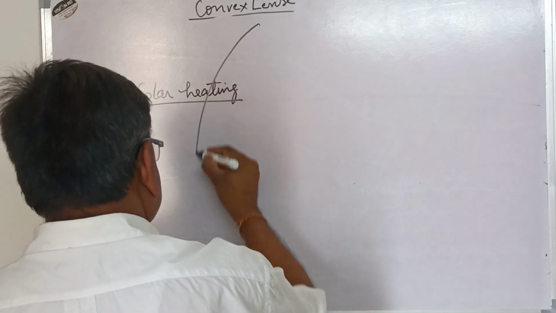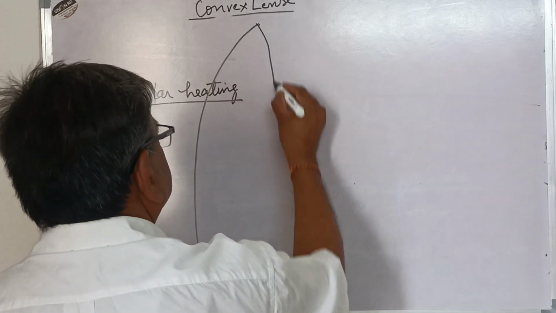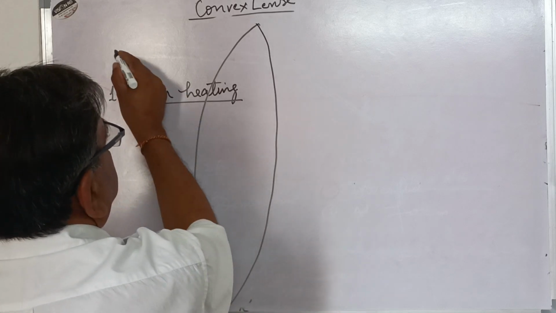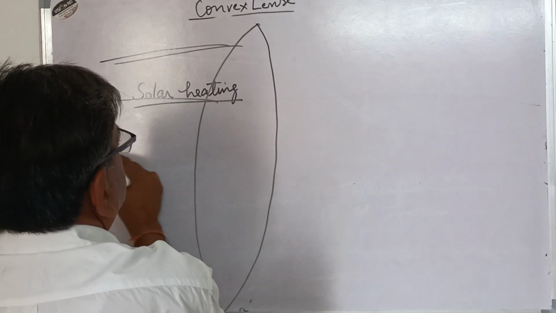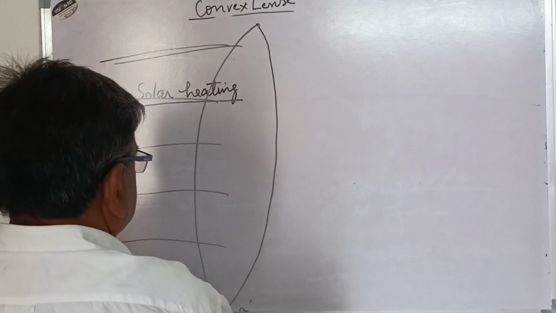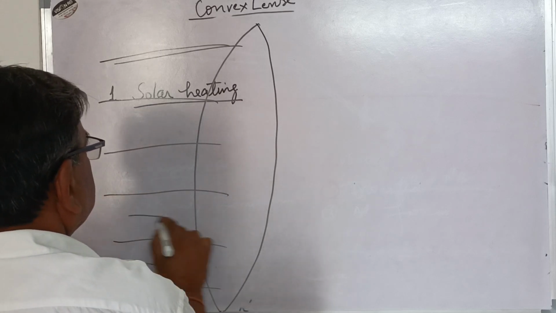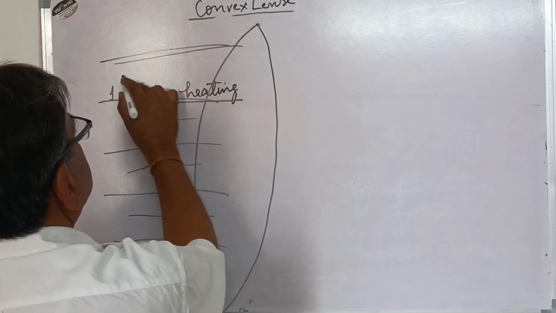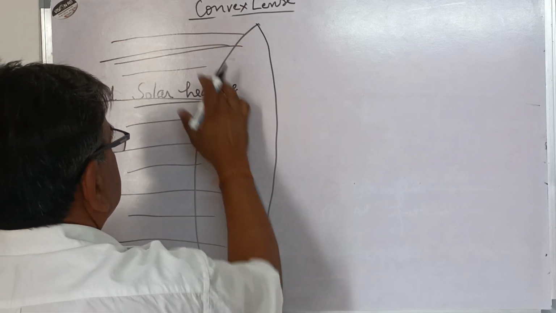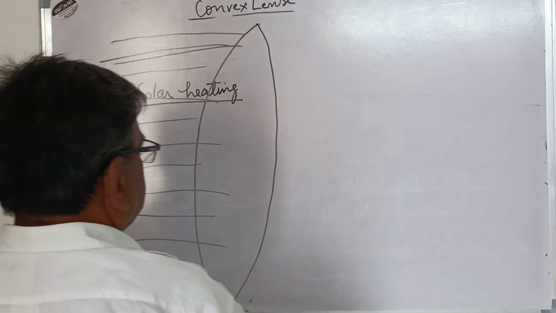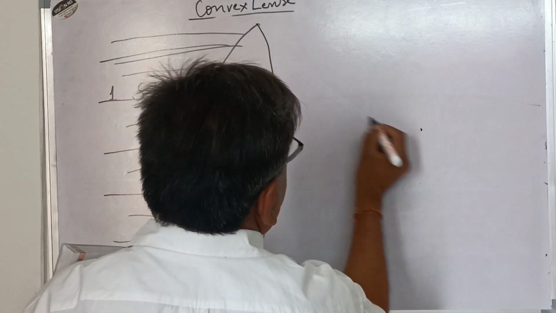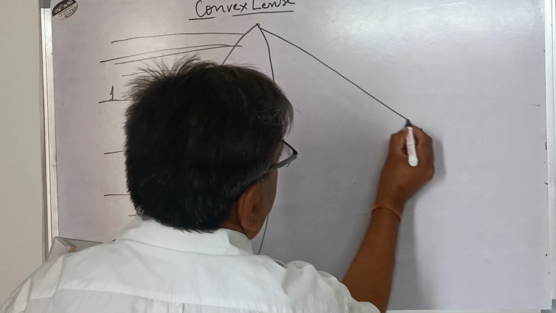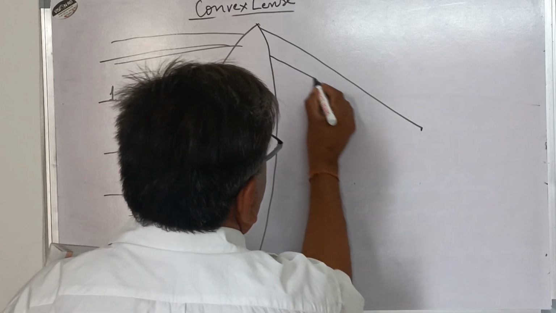Now the parallel rays coming from the sun, so many rays from a greater area of the sun, get concentrated at this point.